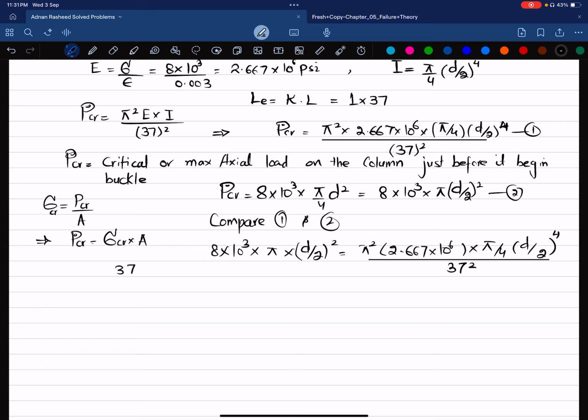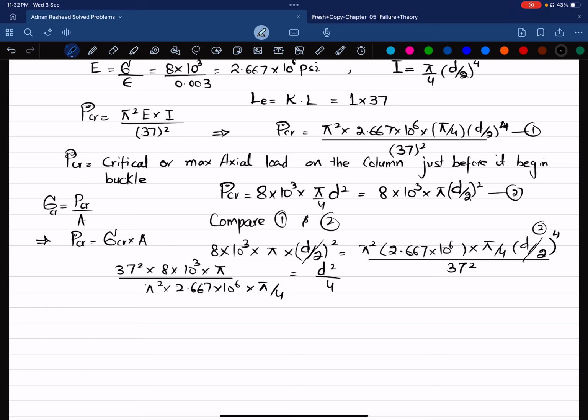Now what we will get is 37 square multiplied by 8 multiplied by 10 raised to power 3 multiplied by pi. This d divided by 2 will cancel with this, and here we will be left with the square only, divided by pi square multiplied by 2.667 into 10 raised to power 6 multiplied by pi by 4, equal to d square over 4.